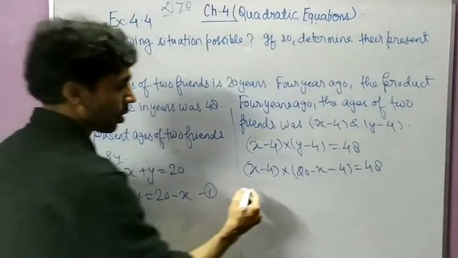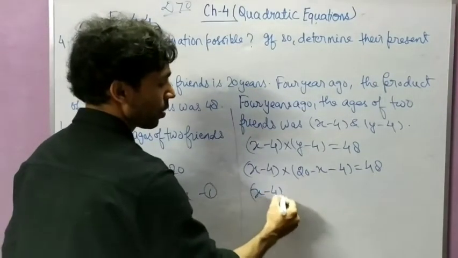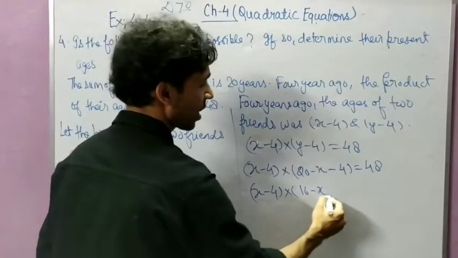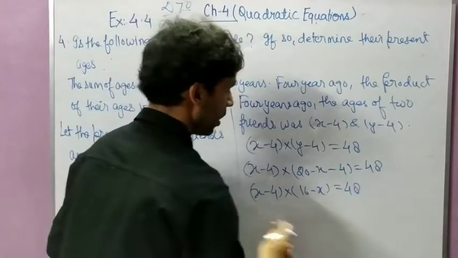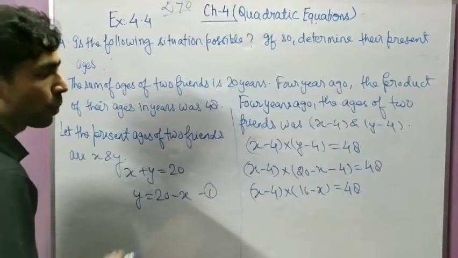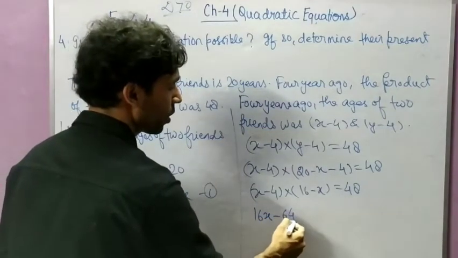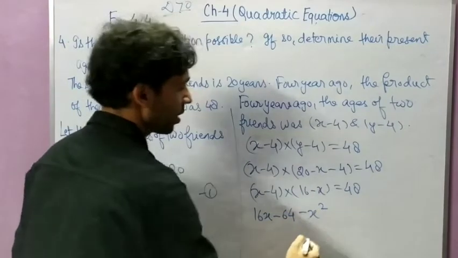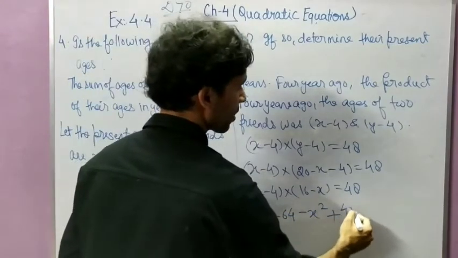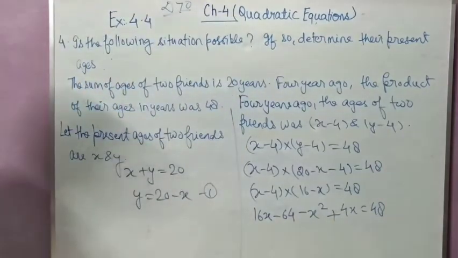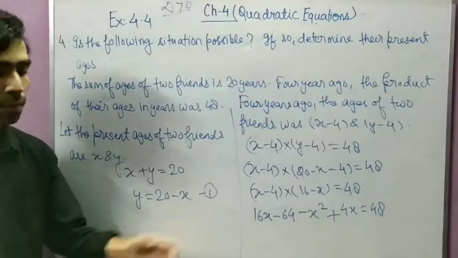Now (x minus 4) into (16 minus x) equal to 48. Now multiply it. When you multiply it, you will get 16x minus 64 minus x square plus 4x equal to 48. After solving this, we got this much.